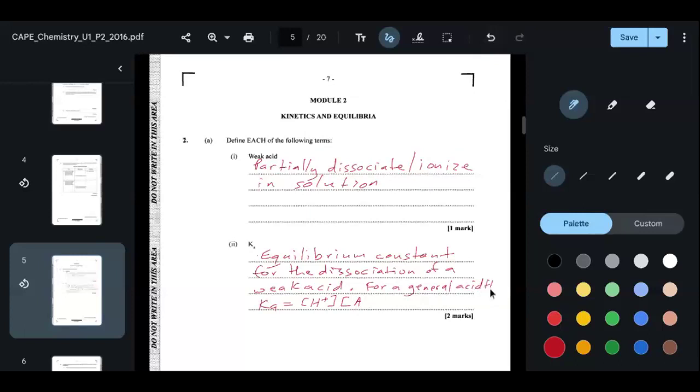Could have put the H plus squared over the concentration of the acid. Yes, sir.